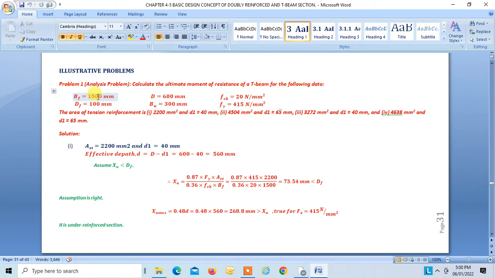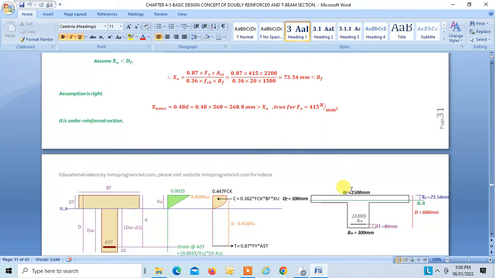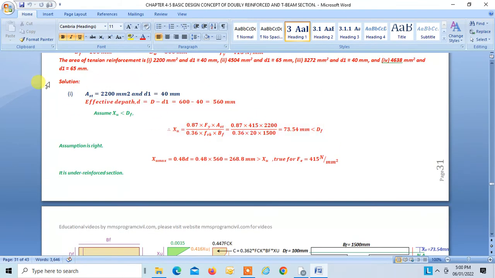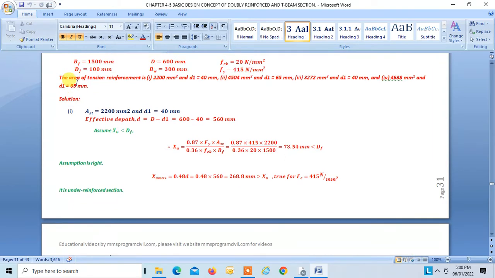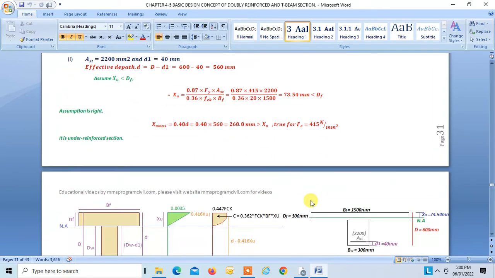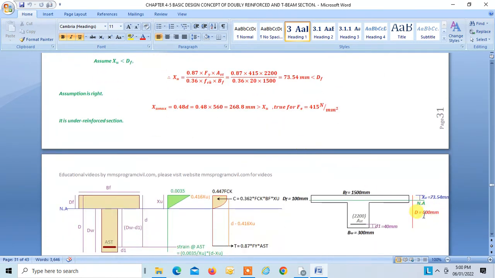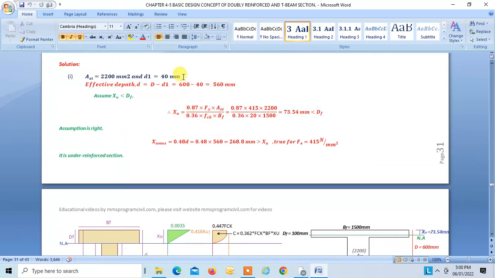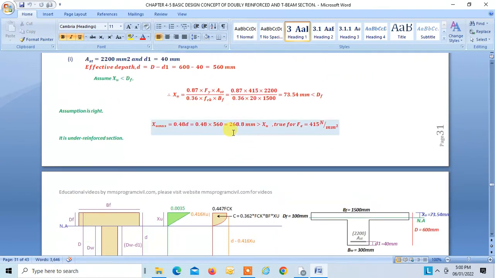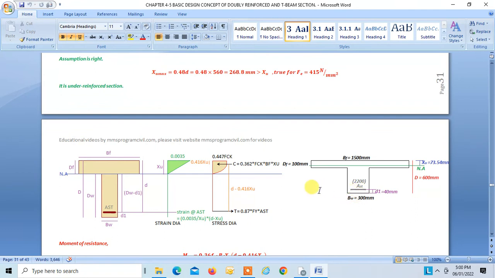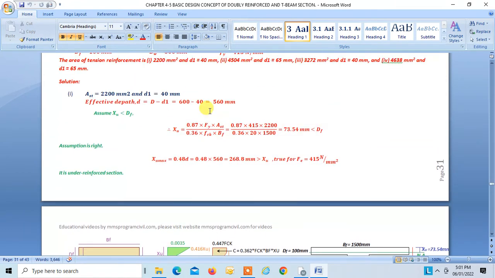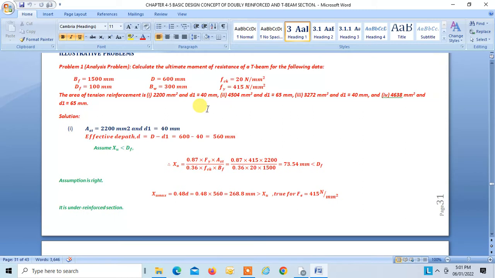BF is 1500, DF is 100, overall depth is 600, and BW is 300. FCK you have to take as 20, and FY you have to take as 415.